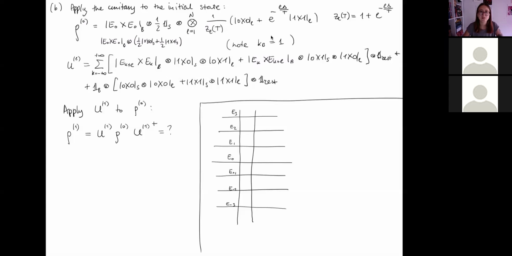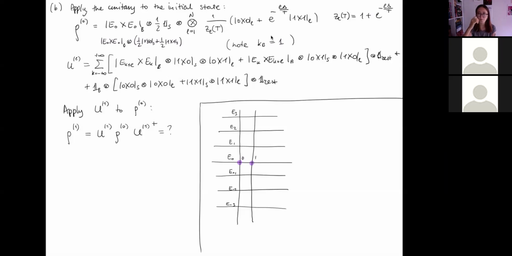It means that we start with 1/2 probability in the state E0, 0, so E0 state of the battery, E0 state of the qubit, or in the state E0, 1. If I mark this as 0 and this as 1, then we start here and here with equal probability.